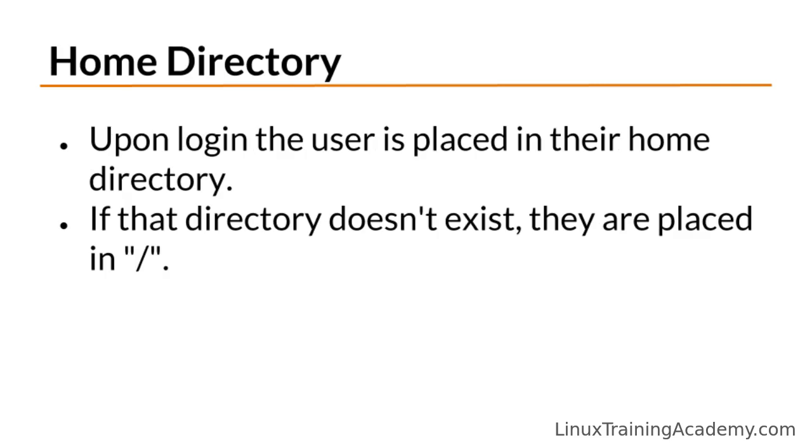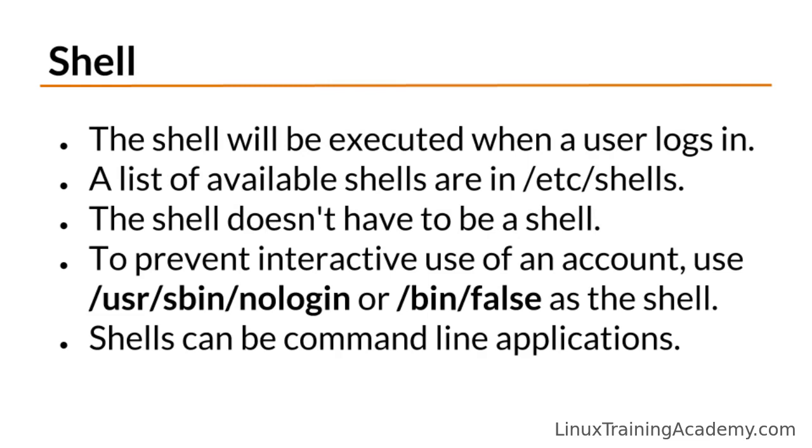When a user logs into the system, they are placed into their home directory listed in the password file. If this directory does not exist, they will be placed into the root directory. The shell will be executed when the user logs into the system with their account. You can see a list of installed shells on your Linux system by looking at the /etc/shells file. Whatever is listed in the shell field will be executed upon login, even if the program is not actually a shell.